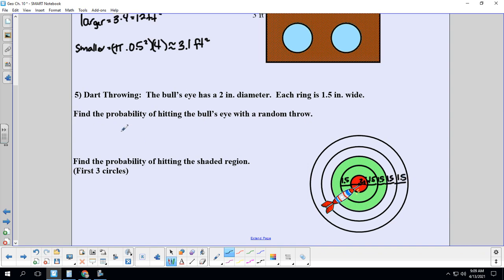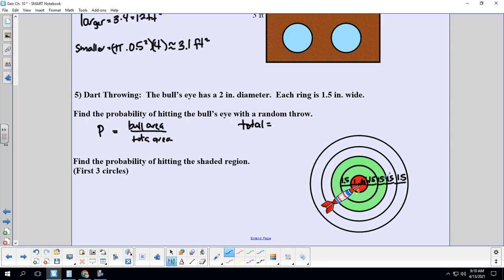So it's going to be the bullseye area and the total area is this probability. So the bullseye area, the total area is going to be, this is a diameter of the bullseye of 2, so its radius, I'm going to split this up into 1 and 1. 1 here, 1 here.